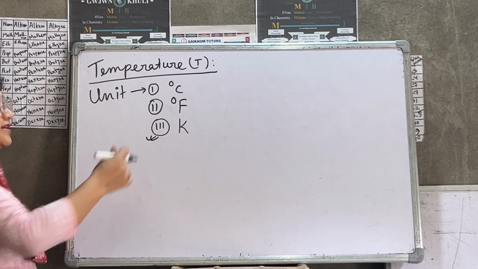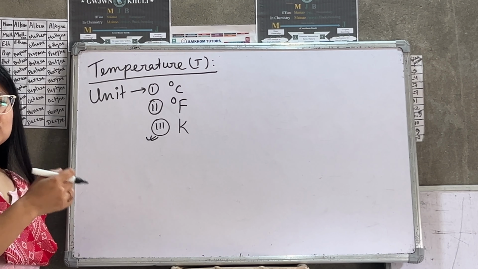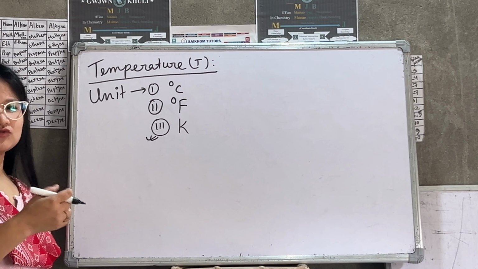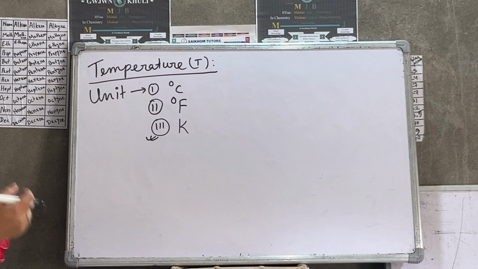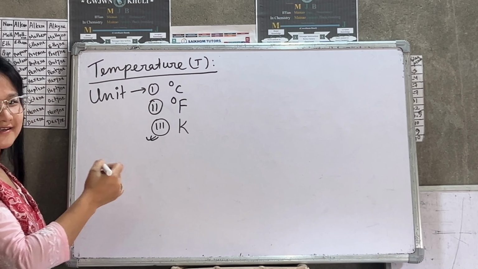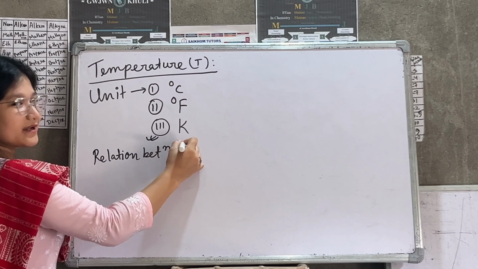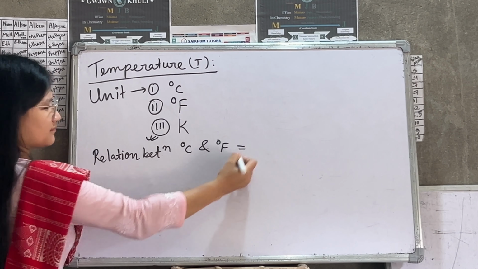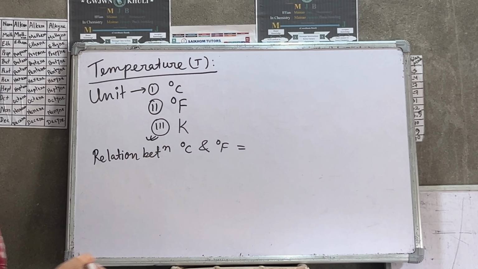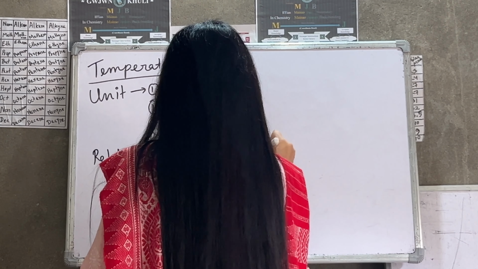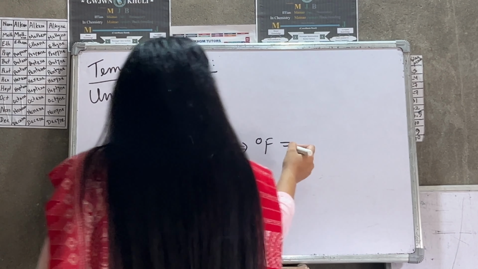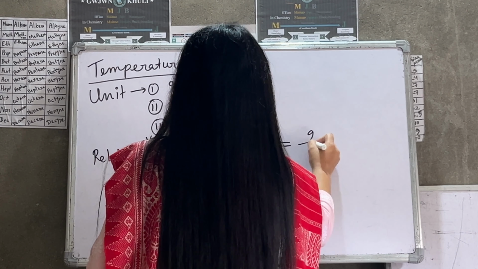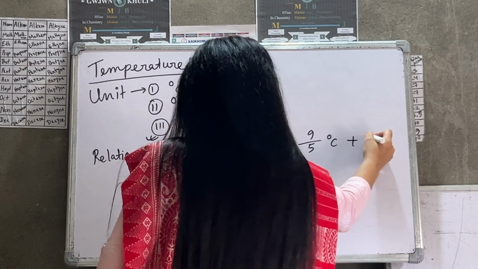After that, we need to learn the relation between degree Celsius and degree Fahrenheit, and degree Celsius and Kelvin. Okay? So what is the relation? Degree Fahrenheit equals 9/5 of degree Celsius plus 30.